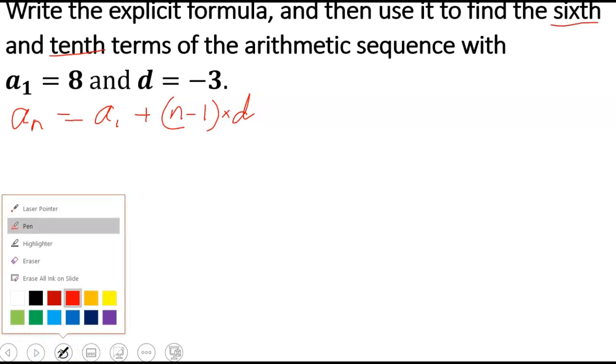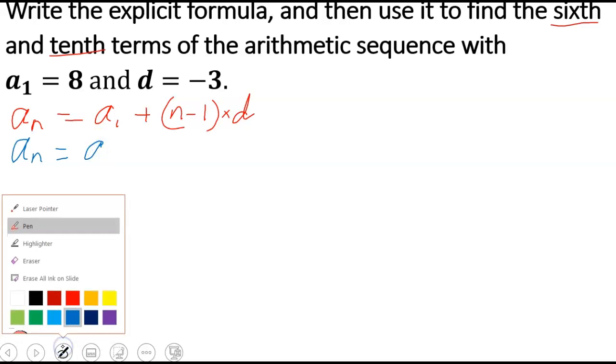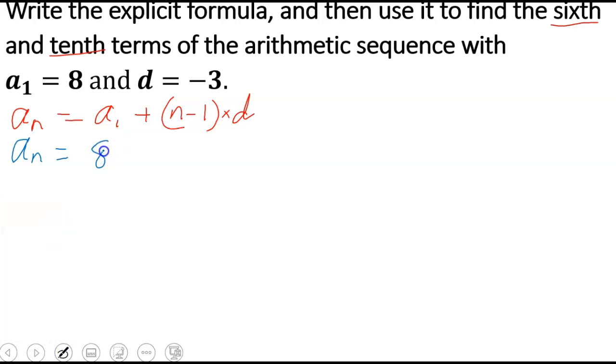If we plug in, the general formula will still be in terms of n. an equals a1, which now is 8, plus n minus 1 times the common difference, which is negative 3.